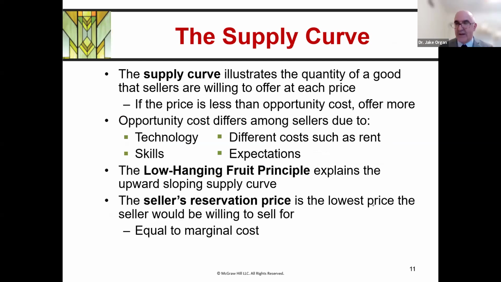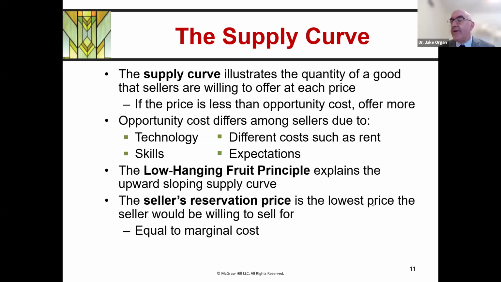Okay, that's the demand curve. And we're going to go through this all again. We'll go through all this several times. Basically, the demand curve is what people are prepared to buy at certain different prices. The supply curve is what people are prepared to sell at different prices.